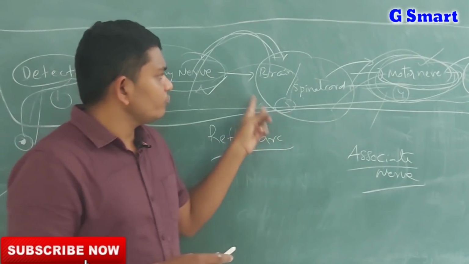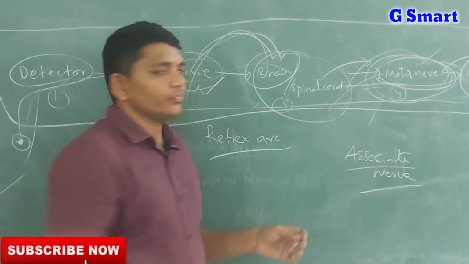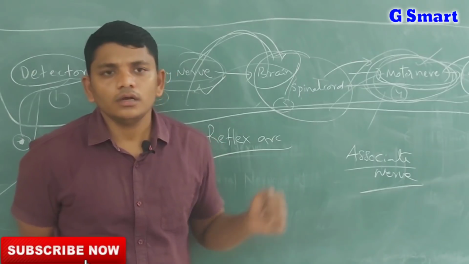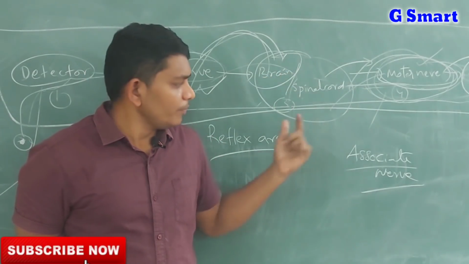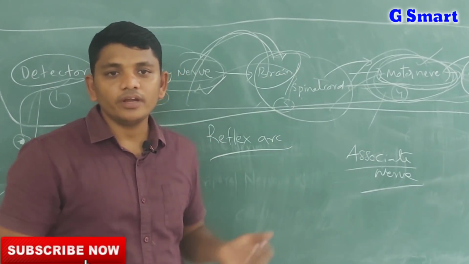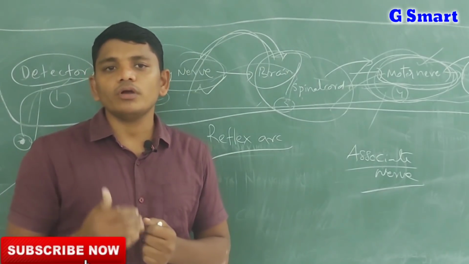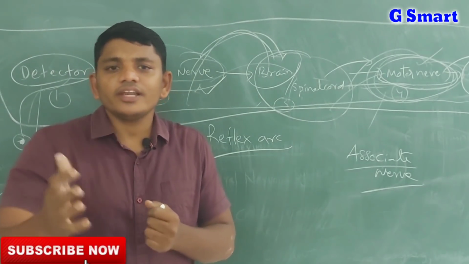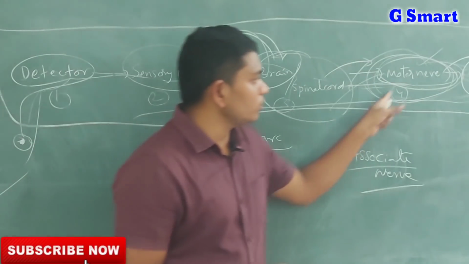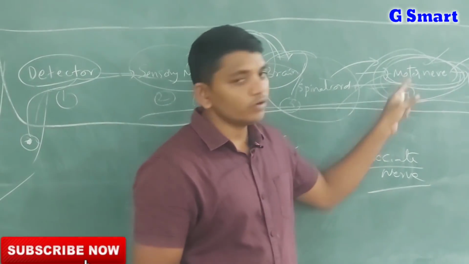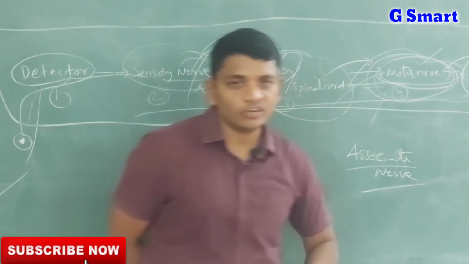So here the information is not going to the brain. Why? Because associate nerves in the spinal cord are analyzing and giving responses. Then the motor nerves carry forward the response to the effector organ.